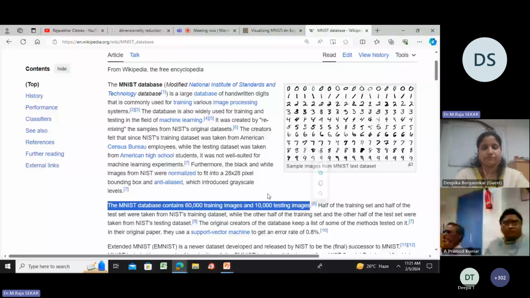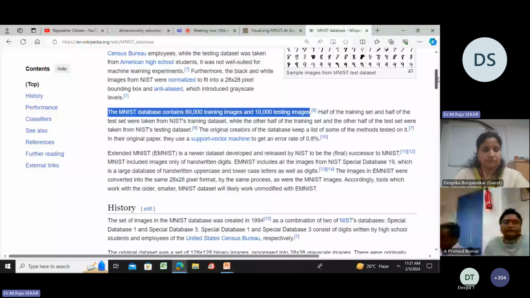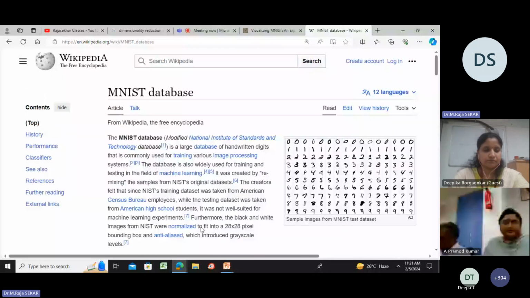For the time being, just understand that this is a data set in which you have 60,000 training images and 10,000 testing images. 60,000 training images means maybe 5,000 images related to digit 1, maybe 10,000 images related to digit 2. There are a few thousand images related to digit 0, a few thousand related to digit 1. Totally, you have 60,000 images, isn't it? Yes, this is about the MNIST data set from the Wikipedia article.